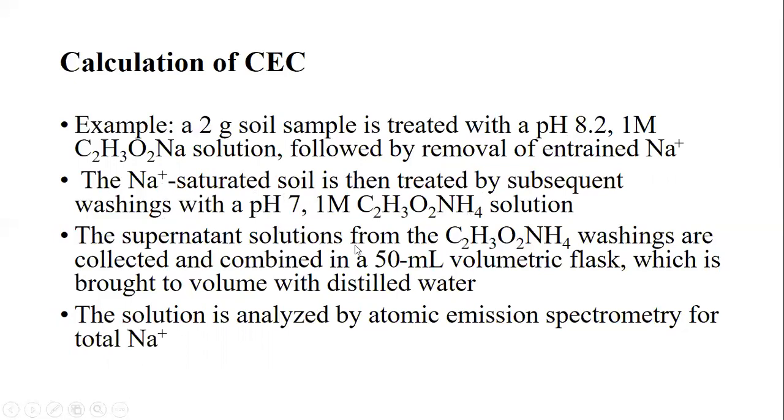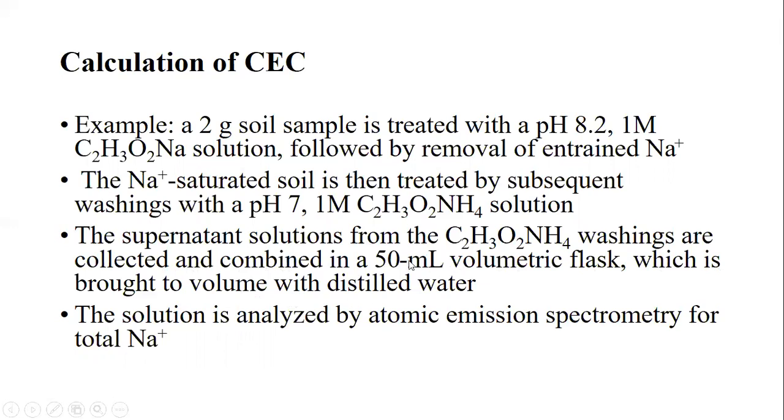The supernatant solutions from the ammonium acetate washings are collected, because we want that sodium. We want to measure it and see how much it is. They are combined in a 50 milliliter volumetric flask, which is brought to volume with distilled water so that we can calculate concentration, since these washings might not come exactly to the volume we want.